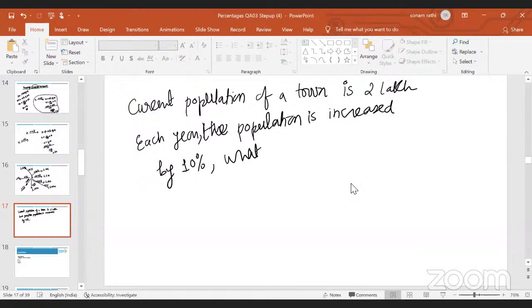What will be the population after 3 years? It's 2,60,000.